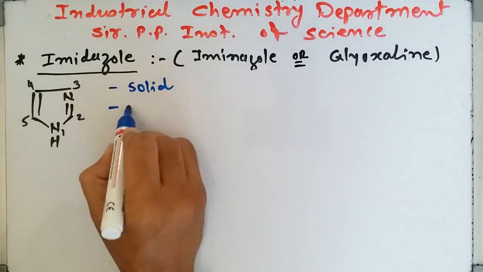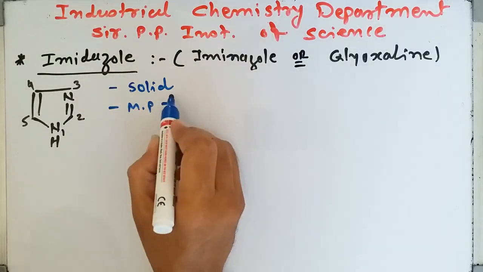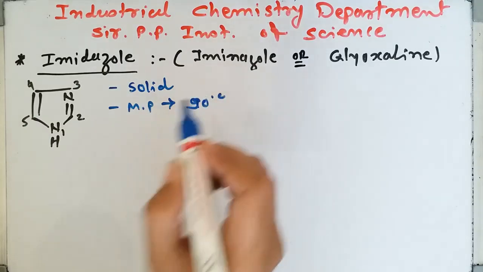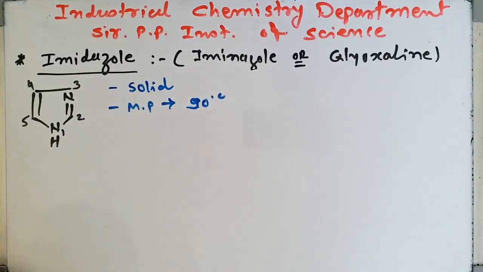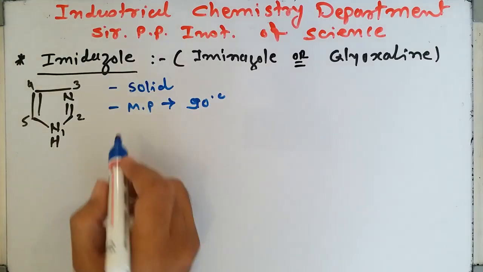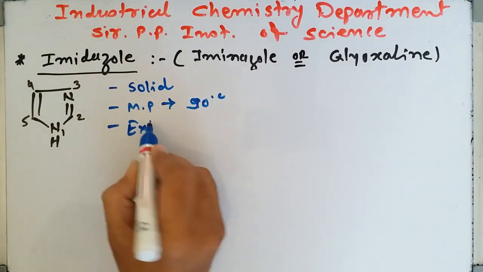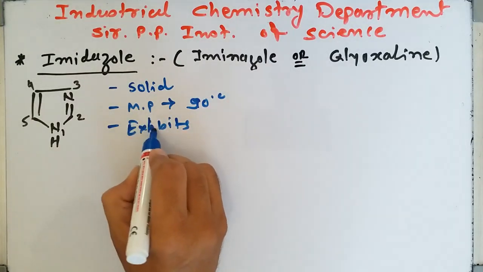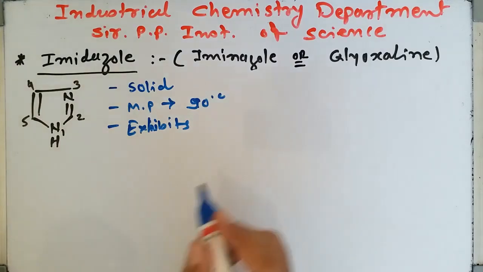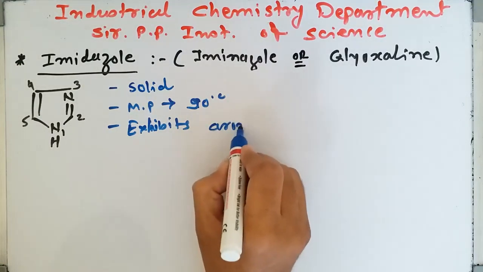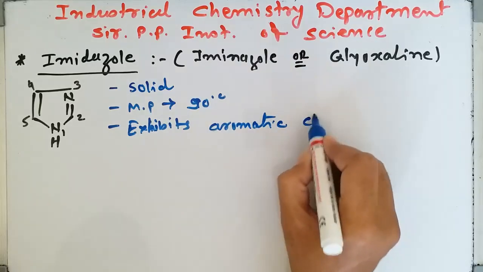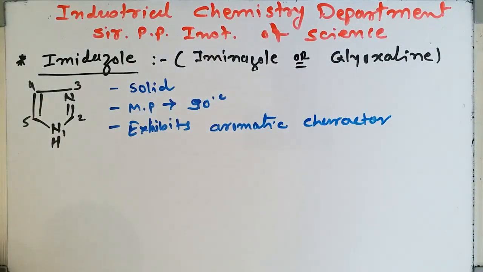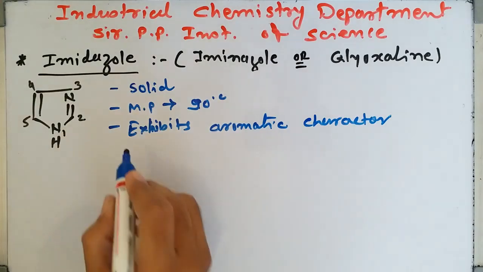Its melting point is 90 degrees Celsius. It exhibits aromatic character and is a weak base.